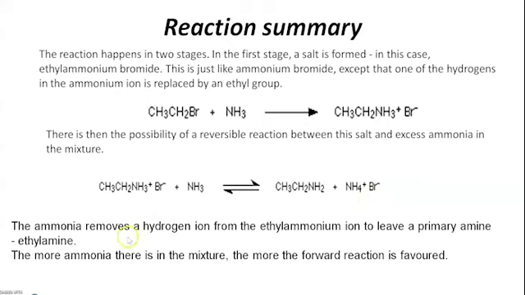The ammonia removes a hydrogen ion from the ethyl ammonium ion to leave a primary amine, ethylamine. The more ammonia there is in the mixture, the more the forward reaction is favored.